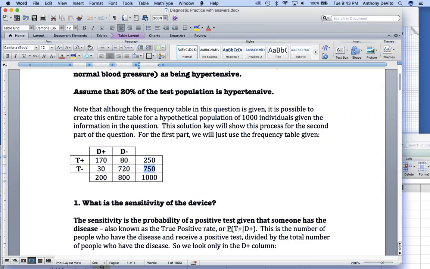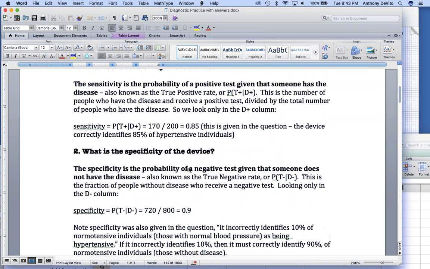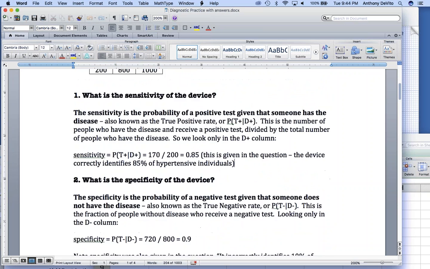So if we don't want to apply the formula where we're given the sensitivity, specificity and the prevalence, we can work our way around that, can't we?